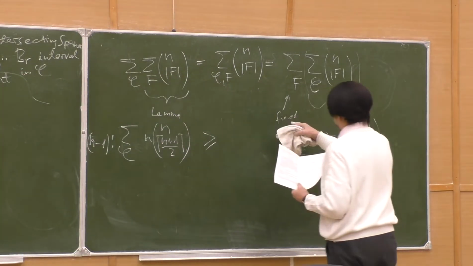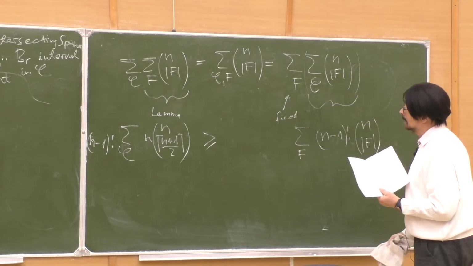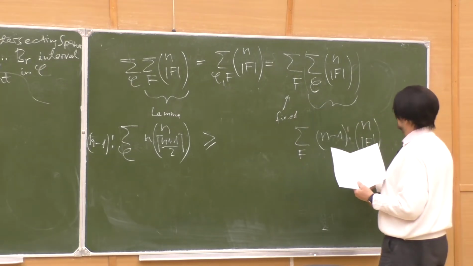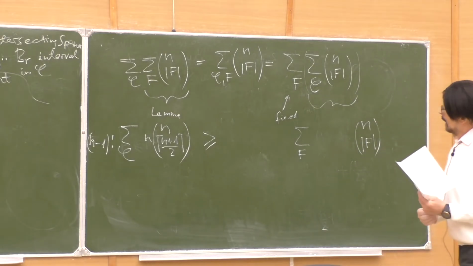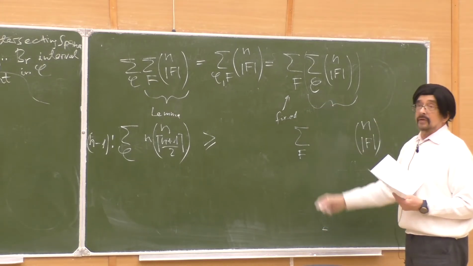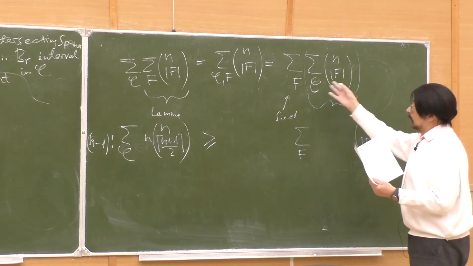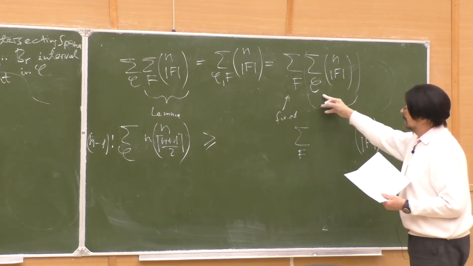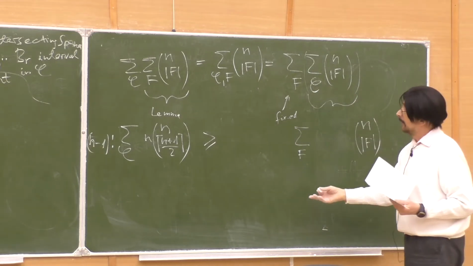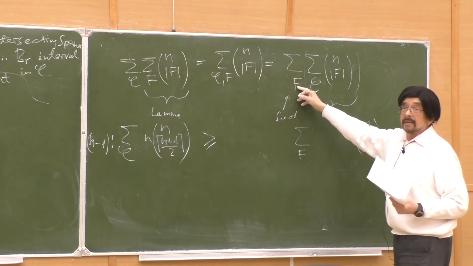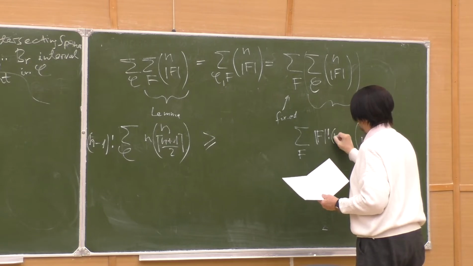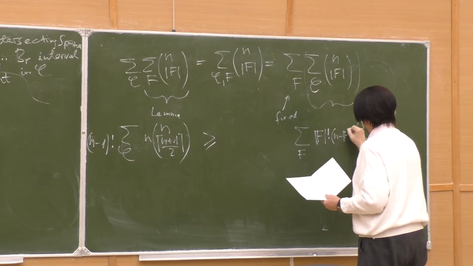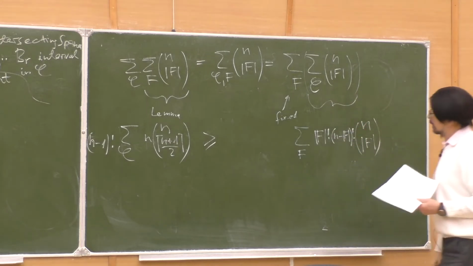Because now we fixed F, I wrote here F is fixed, but I didn't use it. So we don't have all n minus 1 factorial ones. We counted how many cyclic permutations we have where F is an interval. That was size of F factorial times n minus size of F factorial.